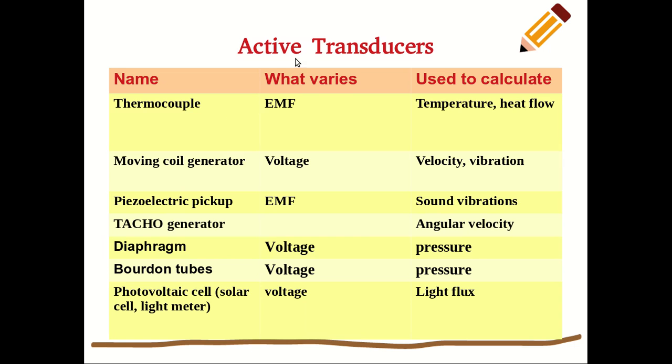The examples of active transducers are thermocouples, moving coil generators, piezoelectric pickup, which we will study in detail in next lectures, tacho generator, diaphragm, Bourdon tubes, photovoltaic cells. These are the examples of active transducers.